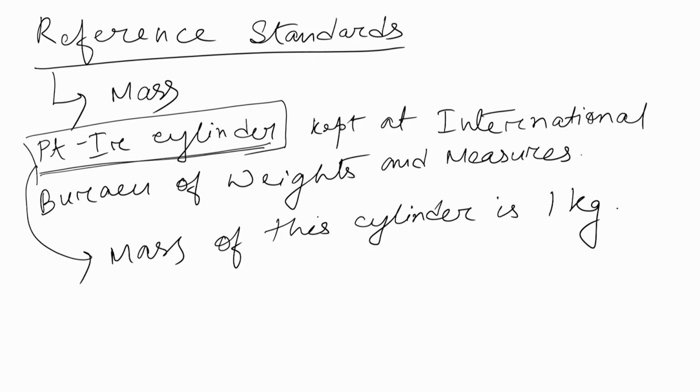Now, platinum iridium is chosen because it is a very highly resistant alloy, that is, it is very highly resistant to any kind of chemical changes, and its mass will not change for a very long time. Of course, we need some reference standards which will not change with time, or at least which will not change very quickly. Now, this is the reference standard for mass. There is the reference standard for length as well. The reference standard of length was changed from time to time.